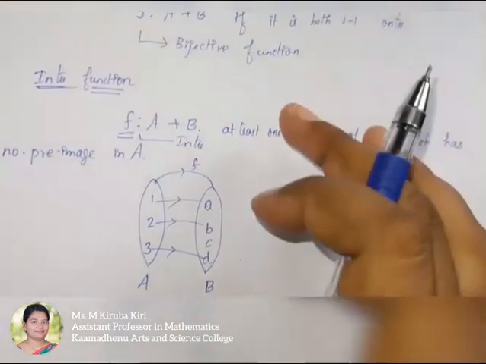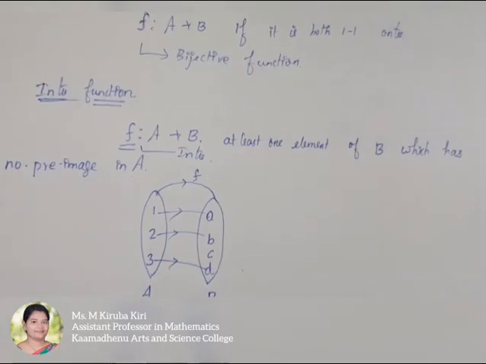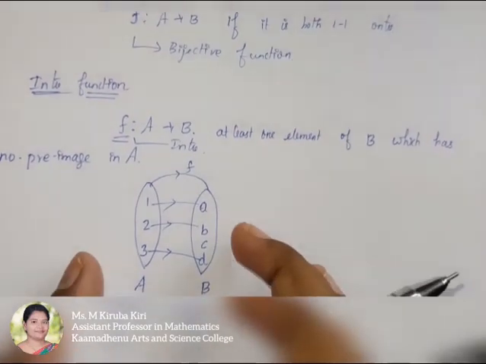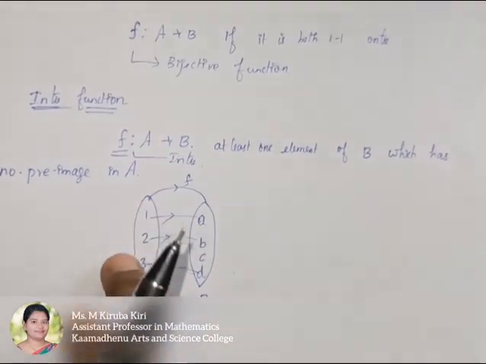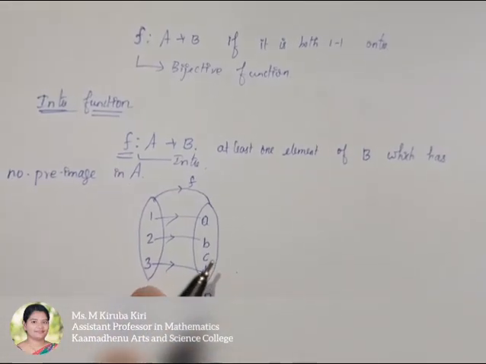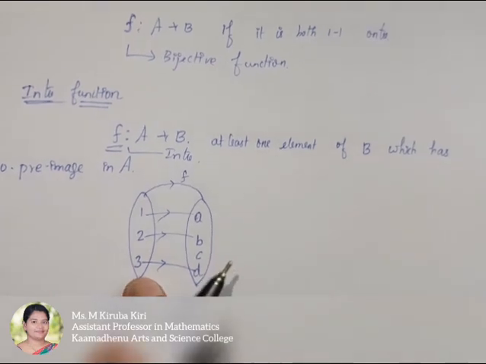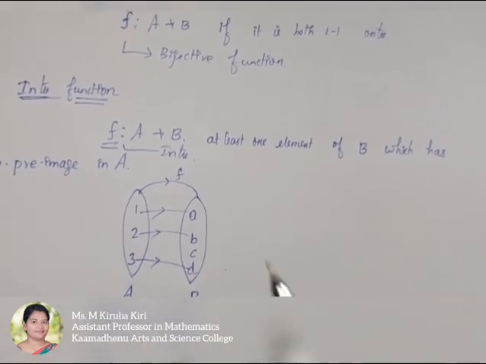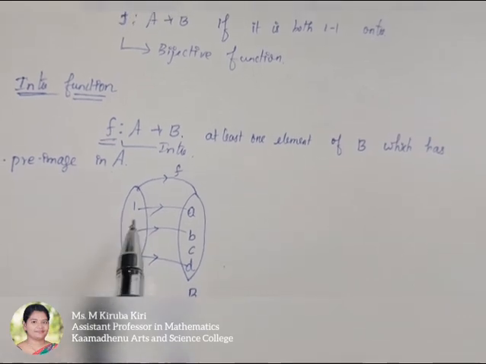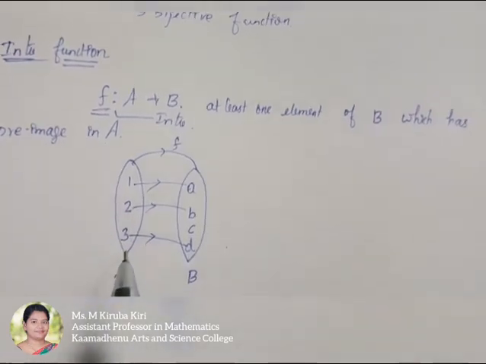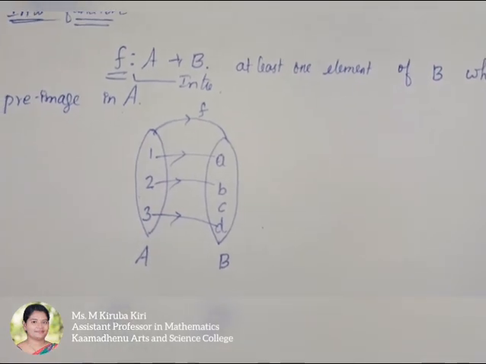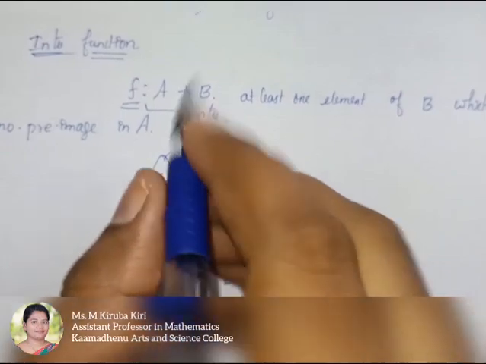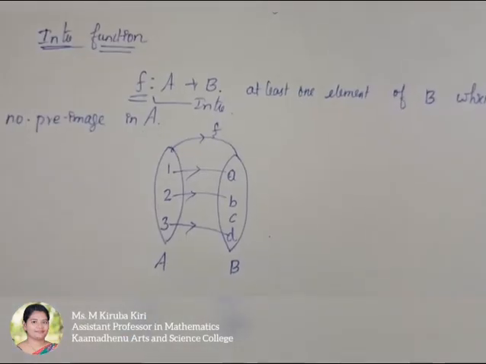First of all, we have to check whether this f is a function or not. You can see here every element of A is used, and used only once, isn't it? 1 is used once, 2 is used once, 3 is used once. Therefore, f is a mapping from A to B, a function.